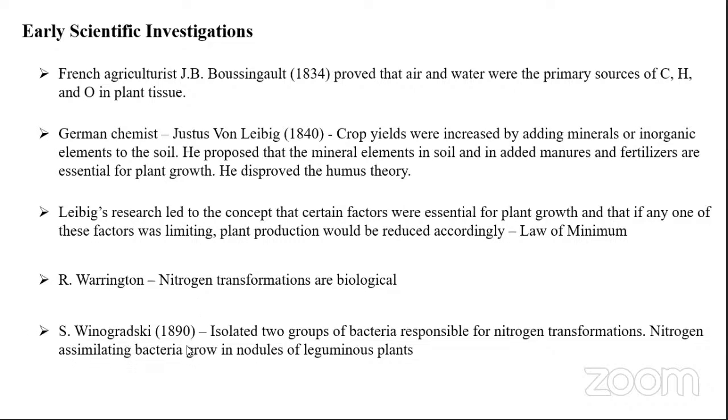Another one is Winogradsky. In 1890, he isolated two groups of bacteria responsible for nitrogen transformation and nitrogen assimilation, bacteria growing in the nodules of the legumes. Especially in microbiology, you may have heard this person, very famous and popular.